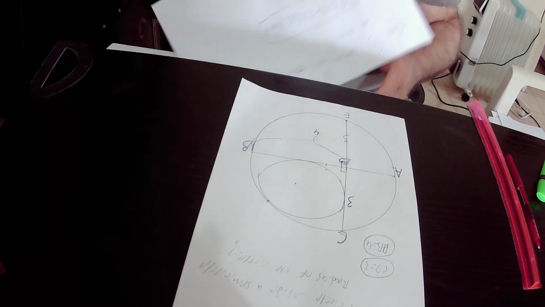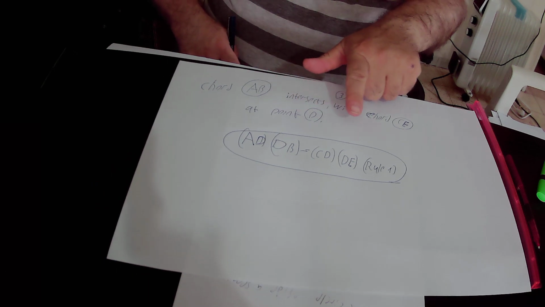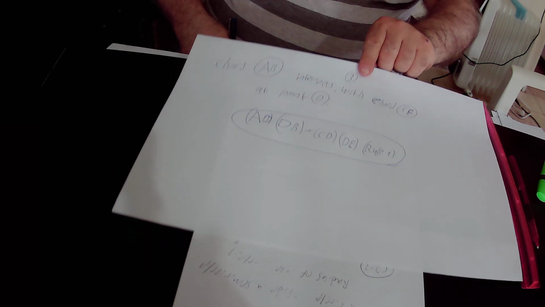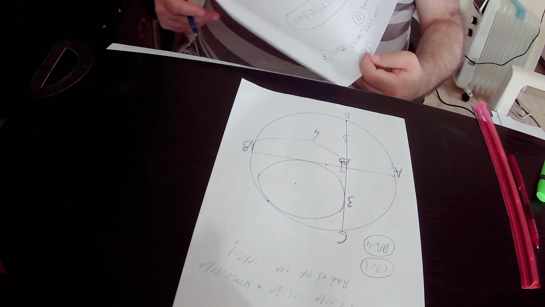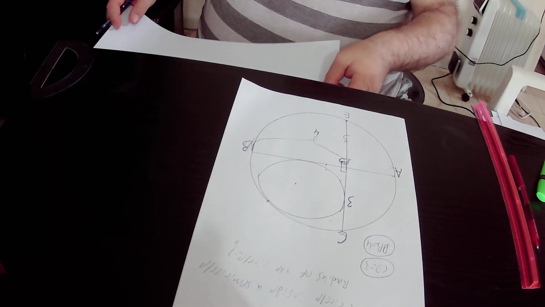I repeat again, according to rule number 1, we get that AD times DB equals CD times DE. ED is the missing line segment, therefore we leave it as it is.